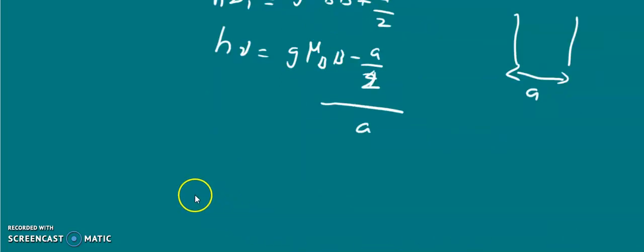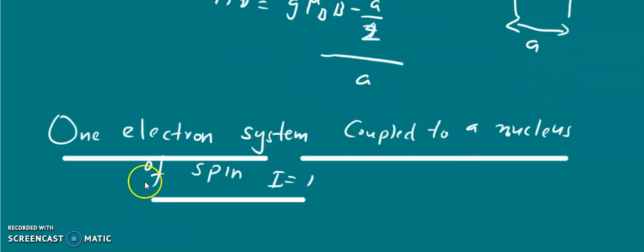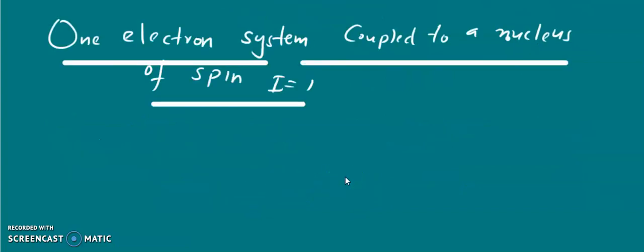So now we consider a one electron system coupled to a nucleus of spin I equal to 1. An example for this is a deuterium atom. So we know that in the case of the deuterium atom, the nucleus is a deuteron whose spin is I equal to 1.